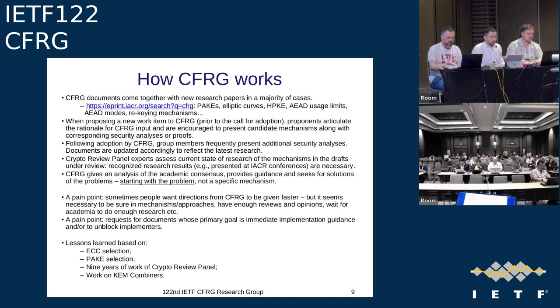We have two known pain points. The first of them is that some people want CFRG to move faster, to provide recommendations and guidance faster, but we need to be absolutely responsible for every mechanism we are going to recommend. That's why we have to wait for academia in some cases, or for some additional reviews, and crypto review panel reviews are not very fast, because people don't just check that the test vectors are okay or that mechanisms are described correctly.